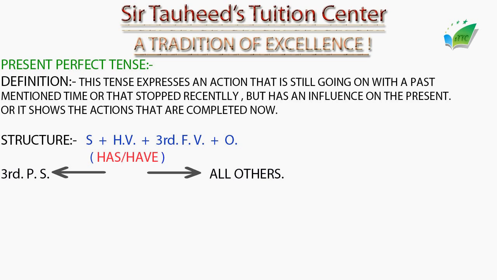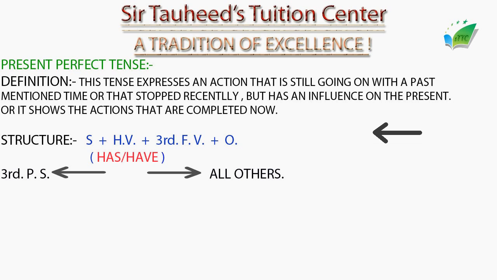Now, moving on to its structure, there are four elements in this structure. First element is subject, as usual, because in most of the tenses we have subject in the beginning. And what is subject? As I have already told you, subject is the doer of something. So the person who is doing something is called subject.